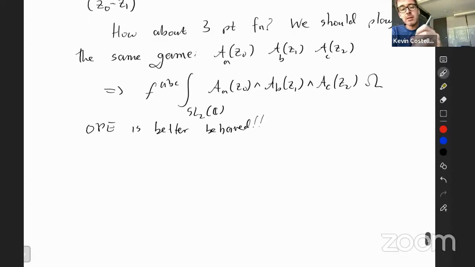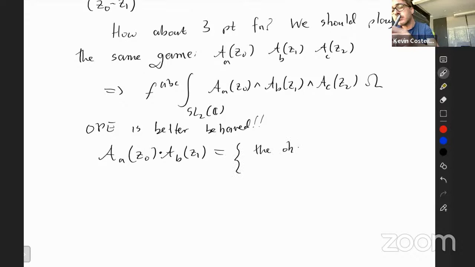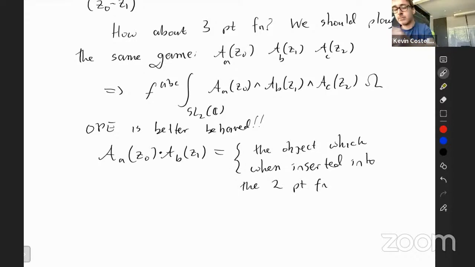So how do we define the OPE? Well, the OPE is the object which, when inserted into the 2-point function, gives the 3-point function.